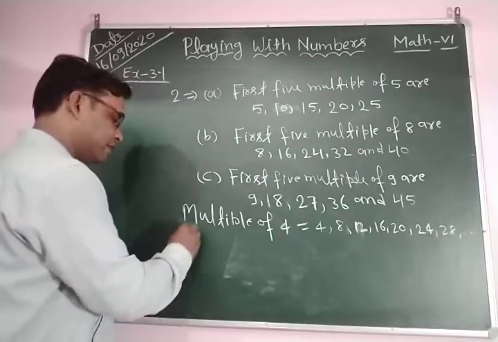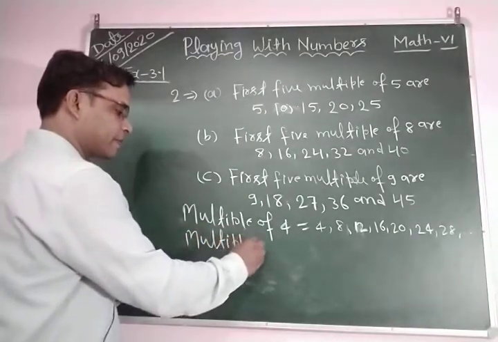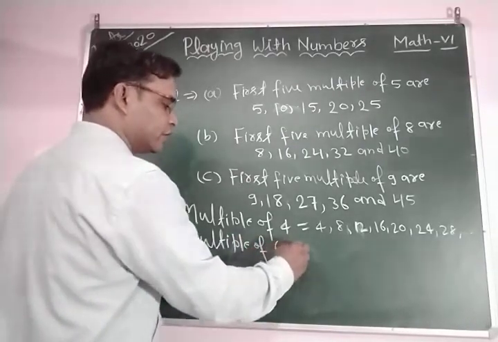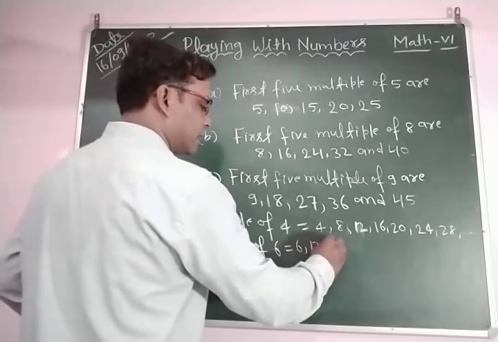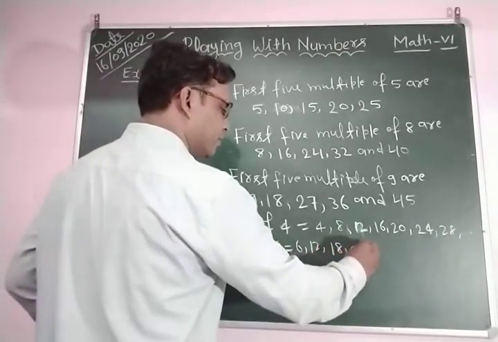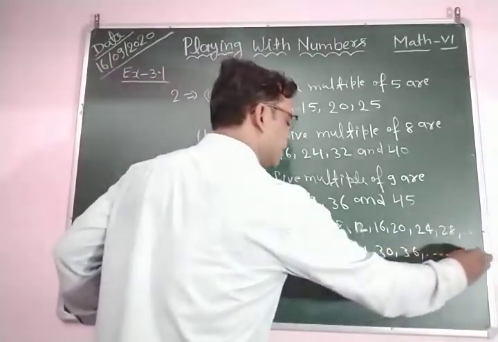And the multiples of 6 are 6, 12, 18, 24, 30, 36 and so on.